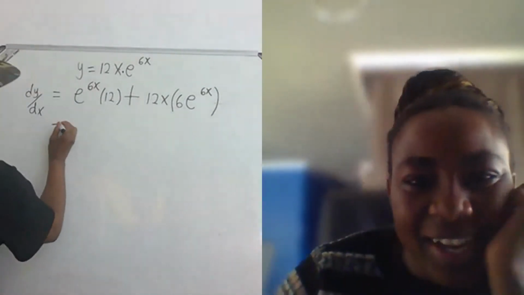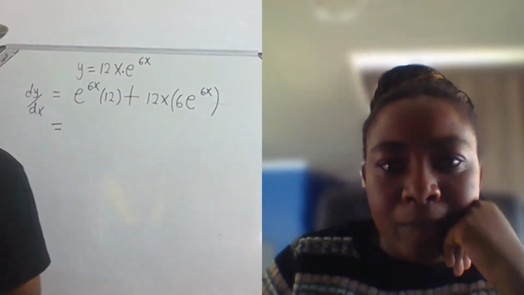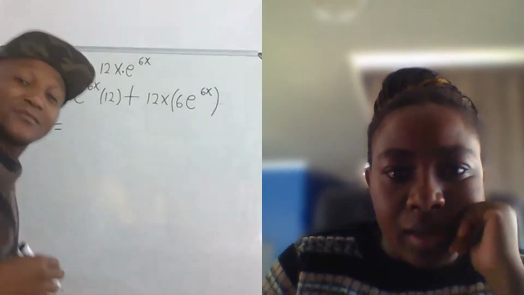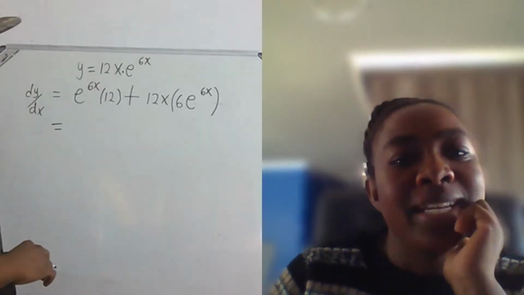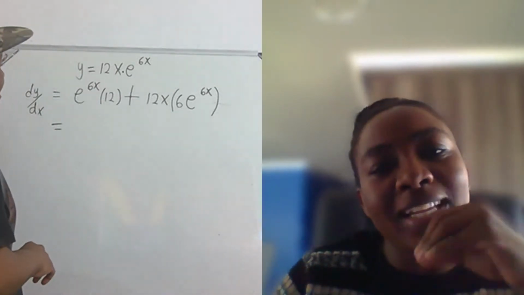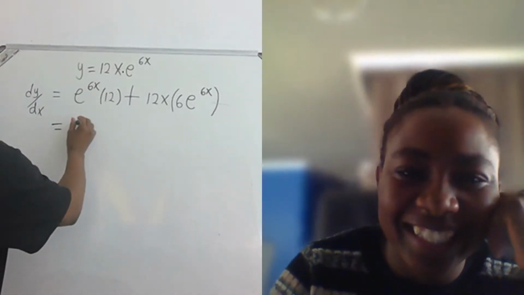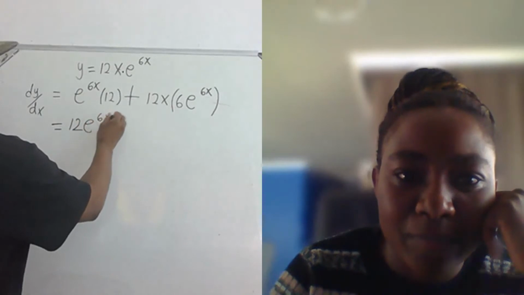So for that case, we look for anything which is common. What is common in both groups? It's e^6x. But is it possible to take 12 and put it behind this? So we say 12 is a constant number of x, and then we go for e^6x.